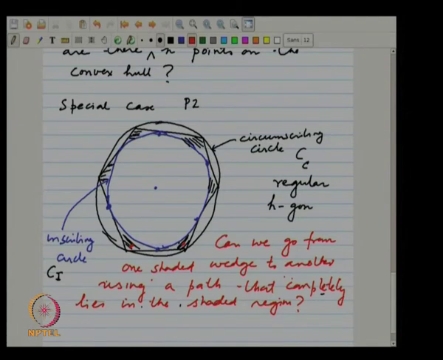Okay. The shaded region cannot include the points of contact. Essentially, I am saying that these are disconnected, right. I cannot go from one wedge to another.